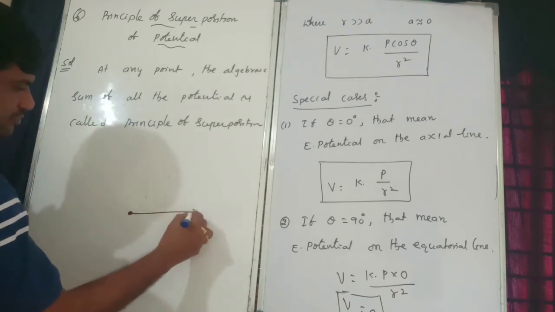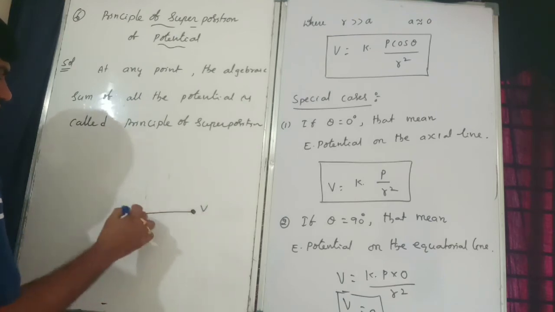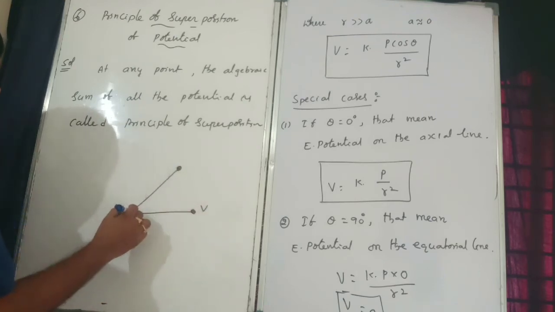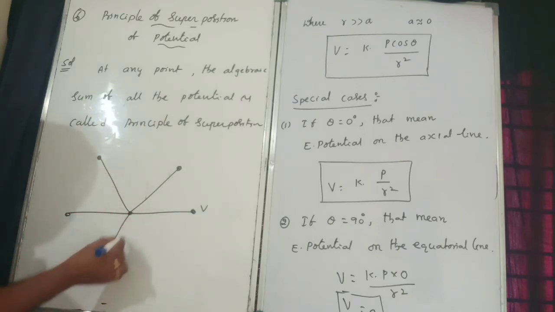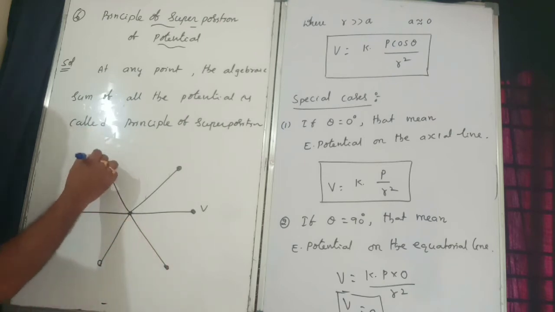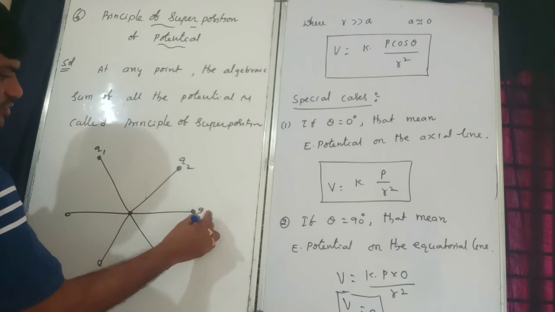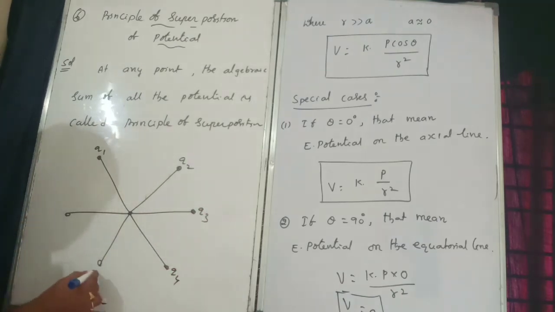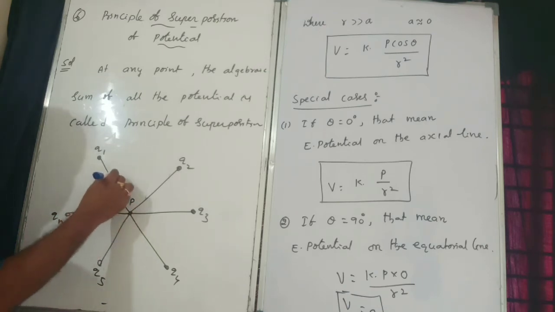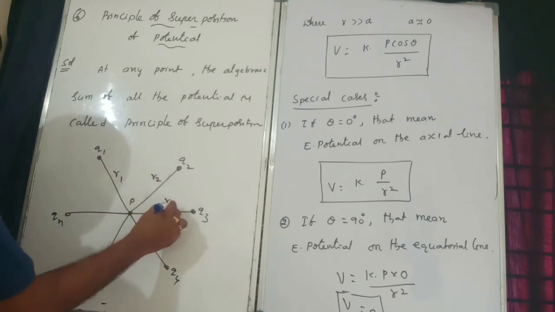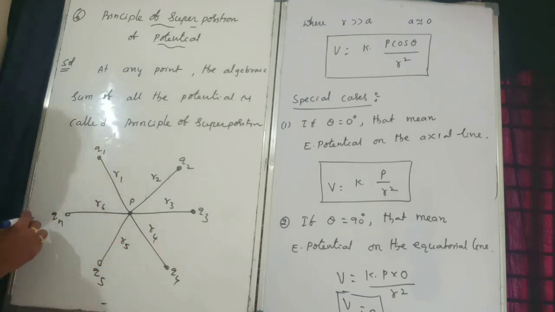So from here potential V, right? Here potential, here potential, like that I will consider. This is the Q1, this is the Q2 charge, Q3 charge, Q4 charge, Q5, and this is the Qn. At point P, R1 distance, R2 distance, R3 distance, R4 distance, R5 distance, Rn distance.